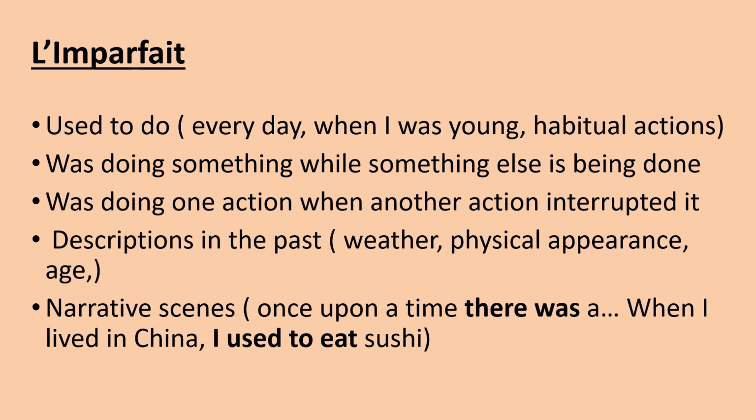That goes back to my initial point that anything that was done as a habit in the past, which is similar to the past continuous, you have to remember to use the imperfect. So I used to eat would be in the imperfect. Or I was eating sushi every day. That I was eating sushi would be in the imperfect.